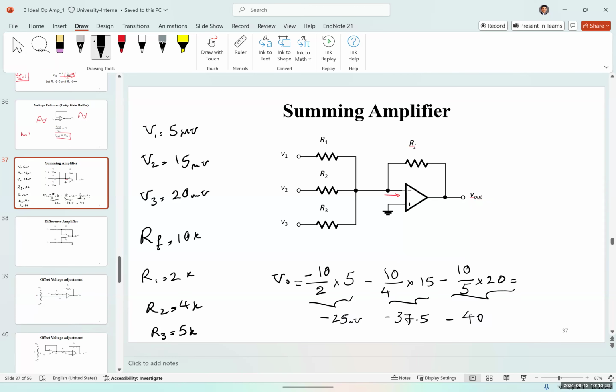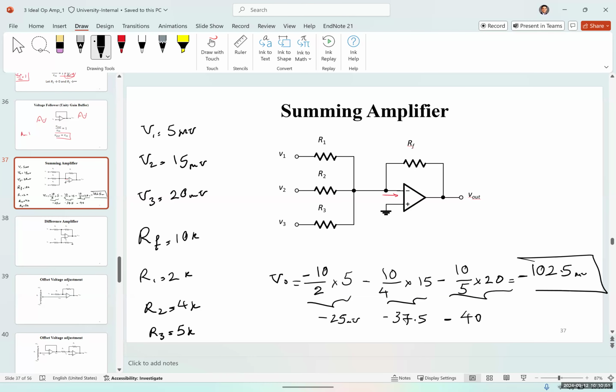So negative 40 plus 25 plus 37.5 gives us negative 102.5 millivolts, which equals the negative of all the inputs.